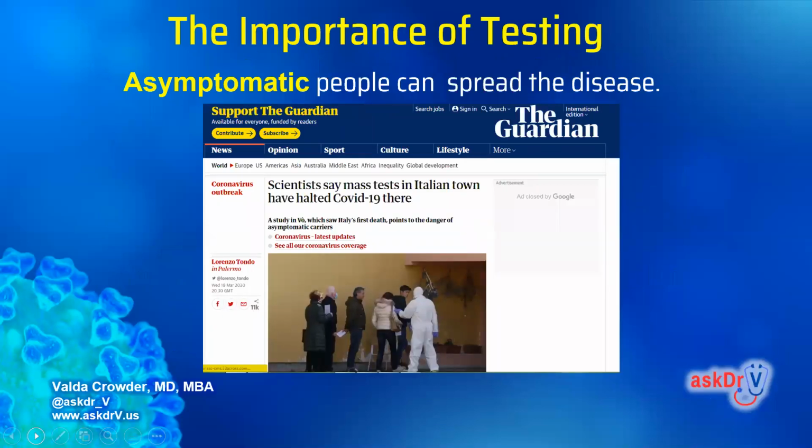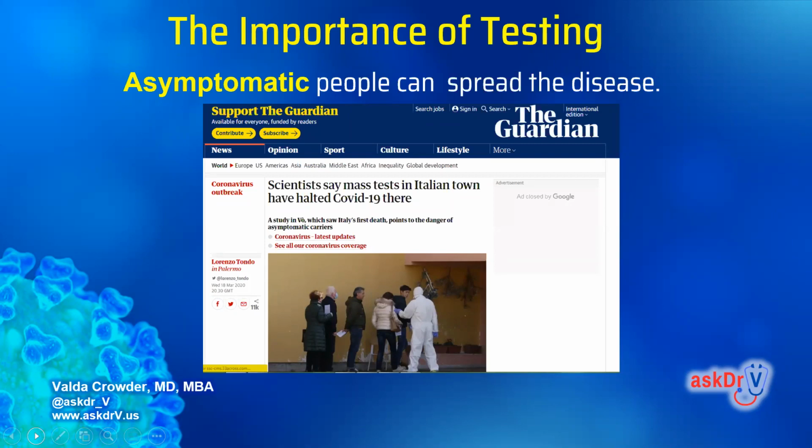The importance of testing. I wanted to actually go over this. Voi, Italy was the place that had the first COVID-19 documented disease in Italy. It's a small town of about 3,000 people. They started out just testing the people that were symptomatic, and they were not able to get rid of the disease. Against public health advice, they actually decided to test everyone.